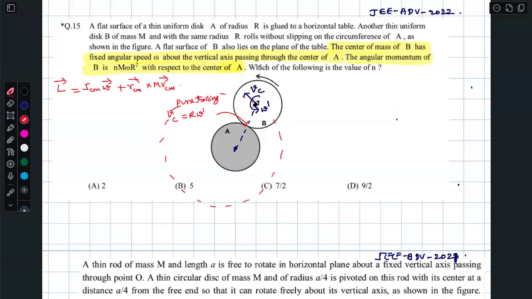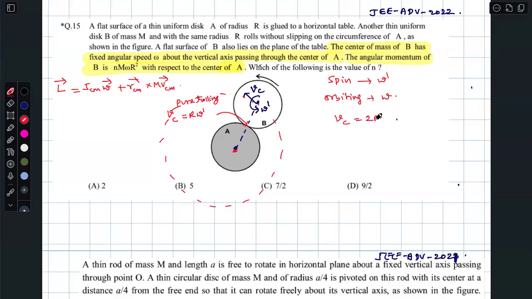This is spinning and rotating. This spin angular velocity is omega dash. Orbiting, omega. In that case, what is going to be V_C?